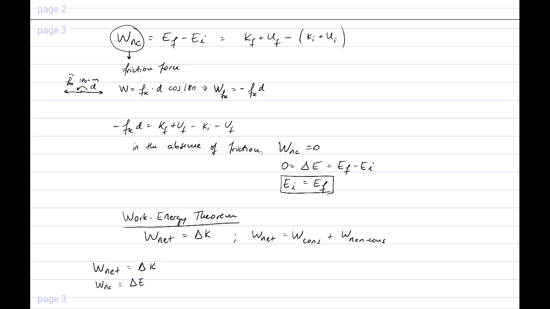Okay, so these two equations are really equivalents of one another. Just pay attention to the subscript. We have non-conservative forces here, and we have net work, so that's the work done by friction and weight and all the other forces that act on the system. Here we only have the work done by the non-conservative forces, like the force of friction.